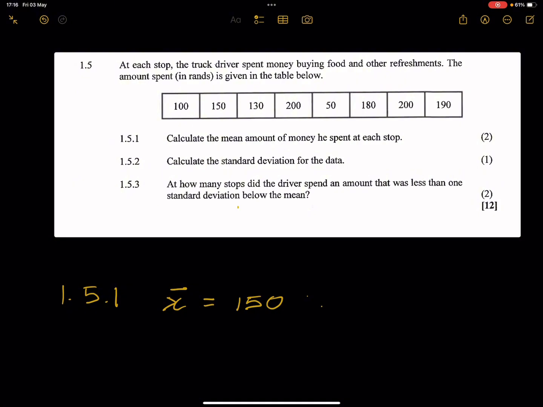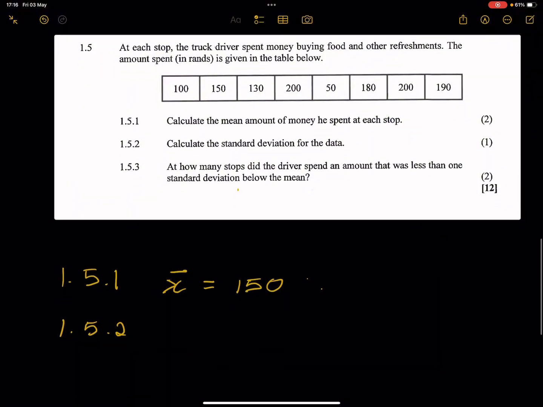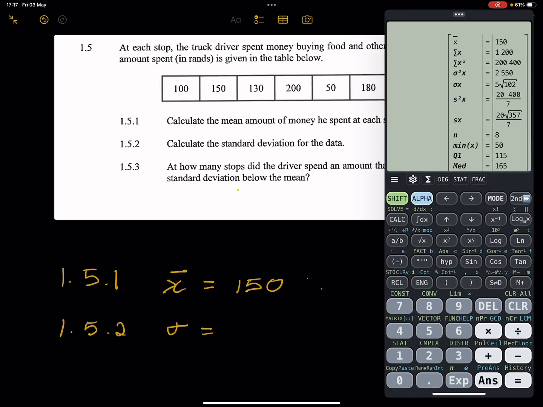So for my standard deviation, in your calculator again, you're going to go to the stat mode and look at the standard deviation for the single variable data. And that means that my standard deviation, if I go back there, can you see my standard deviation is 5 root 102.